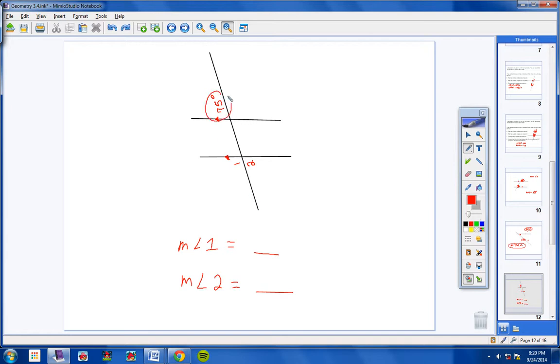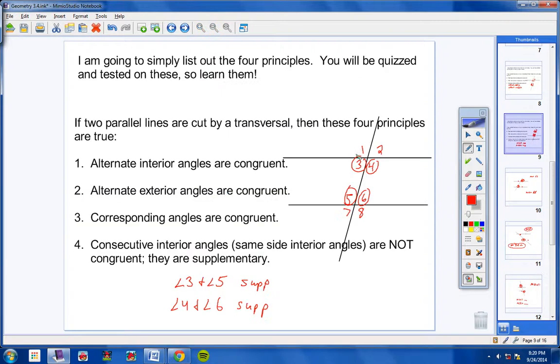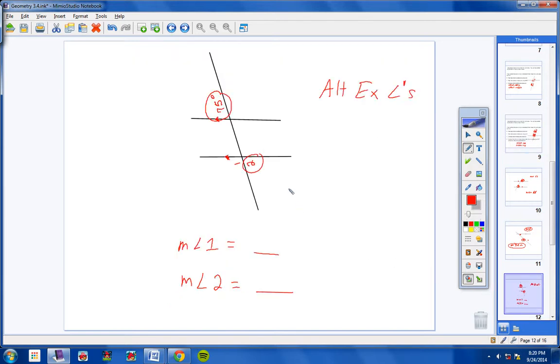This angle here and angle number 2 are what we call alternate exterior angles. We learned that alternate exterior angles are congruent when you have two parallel lines cut by a transversal. So if this angle up here is 75 degrees, then the measure of angle 2 also has to be 75 degrees because they're alternate exterior angles.